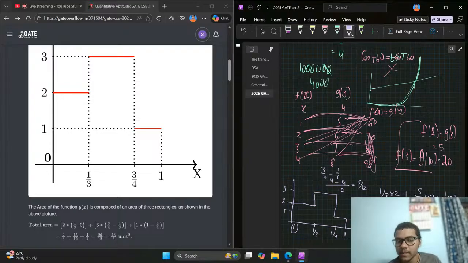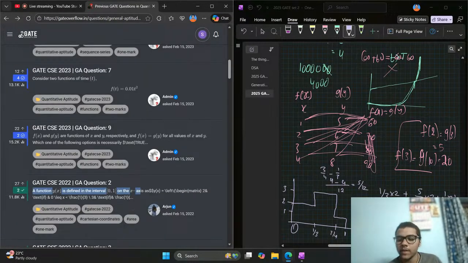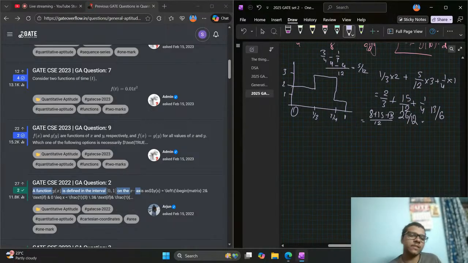Simplify it. No, I don't think so. 2 table 13 by 6. 13 by 6, yeah, we have the answer. That's it. At least you are able to interpret it correctly.